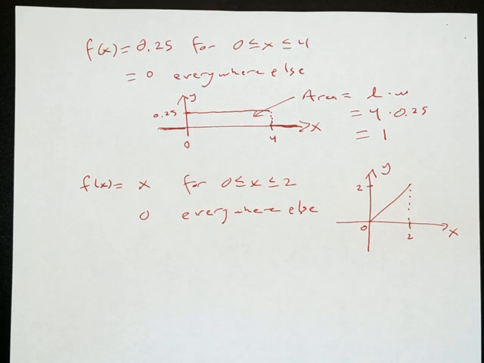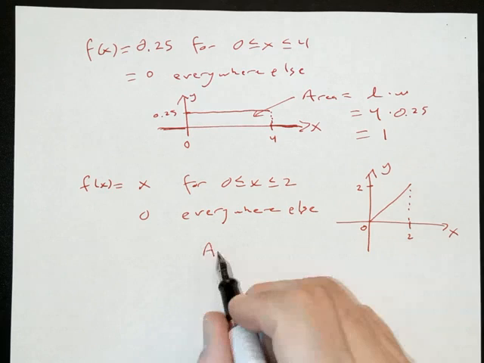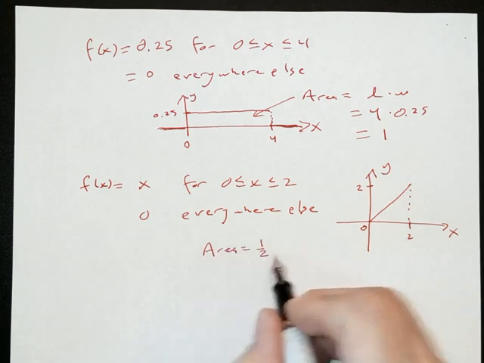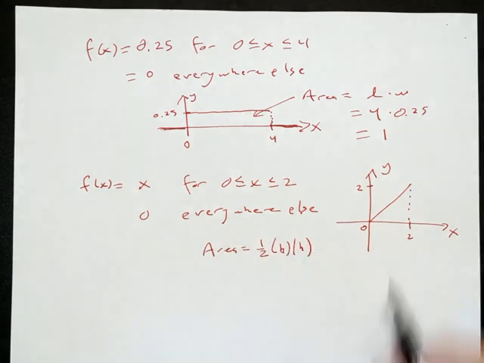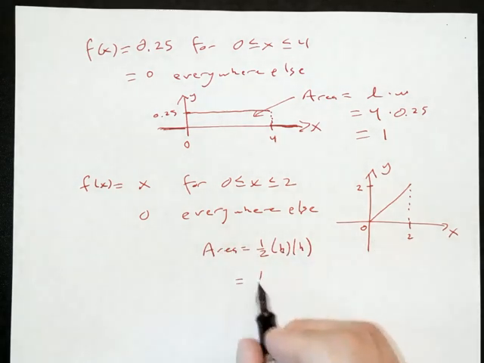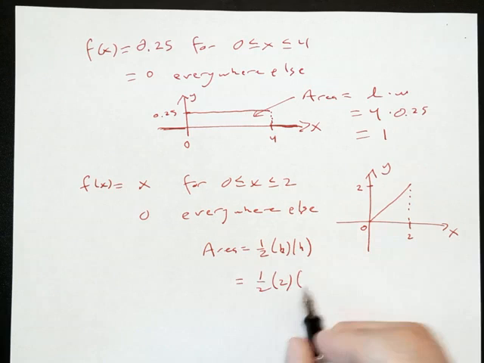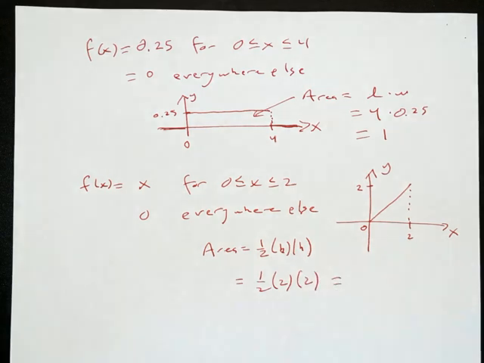What's the area under this curve? Triangle, right? The area for a triangle is 1/2 base times height. Base of this is 2. The height of this is 2. Wait a minute. Nope.